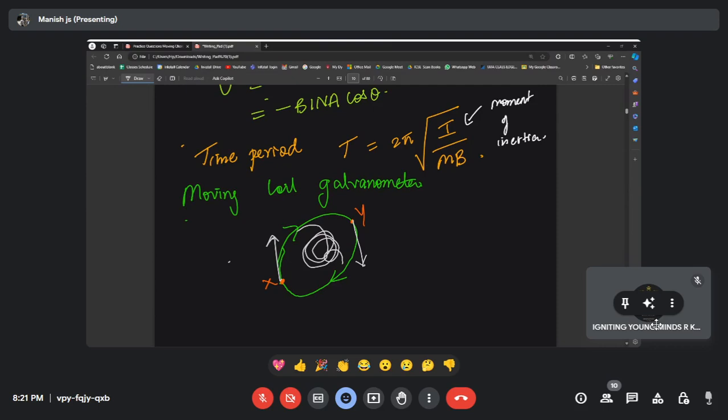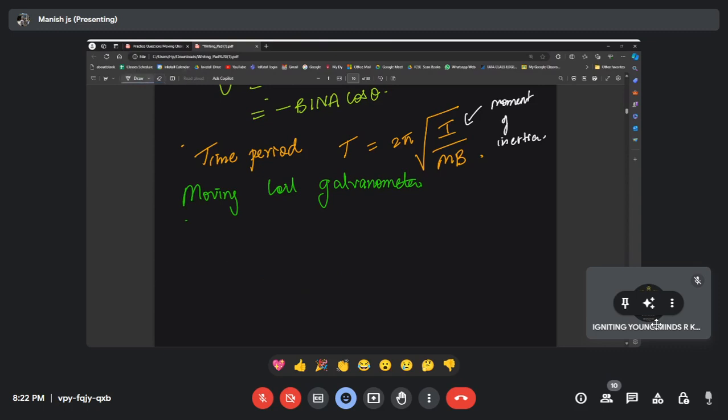The coil rotates, but the spring gets twisted, and it will stop the coil from rotating further. So your moving coil galvanometer can move and show the deflection in the pointer needle. That is how it generally works. So this is the basic idea of a moving coil galvanometer. Simple. You just need to understand what this device is.